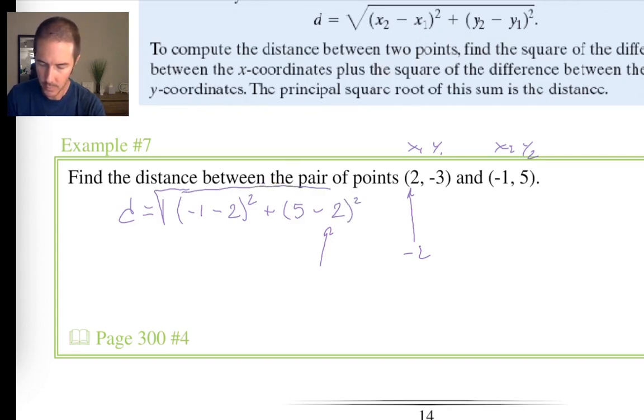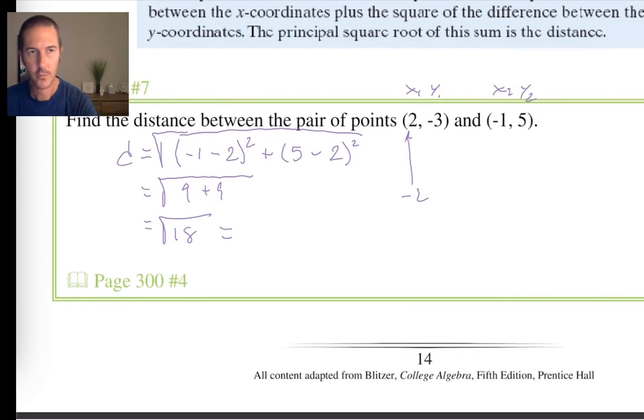We'll put the square root symbol over the whole thing, and then it's arithmetic, which is great because we know how to do that. This is the square root of -1 minus 2 is -3 squared is 9. 5 minus 2 is 3 squared is 9, so we've got the square root of 18, which gives us the opportunity to review simplifying a radical. The square root of 18 can be broken down into the square root of 9 times the square root of 2.